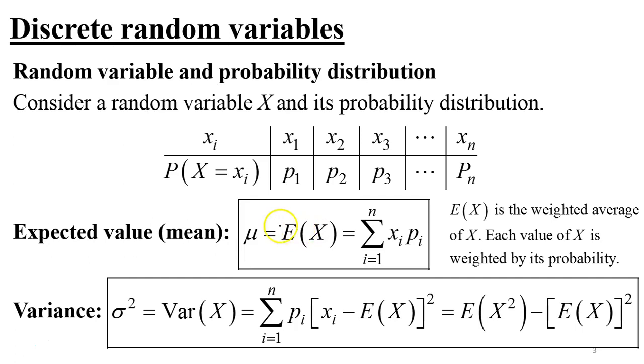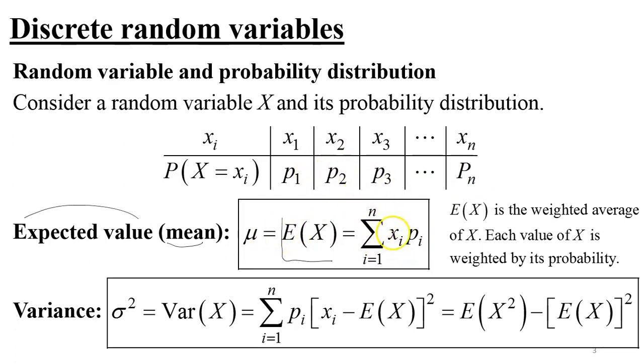If we look at the mean, which is called the expected value of the random experiment, denoted by E of x, it is the average of the variable.